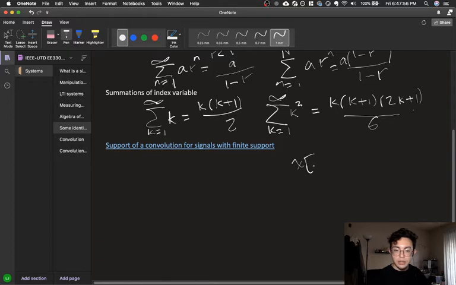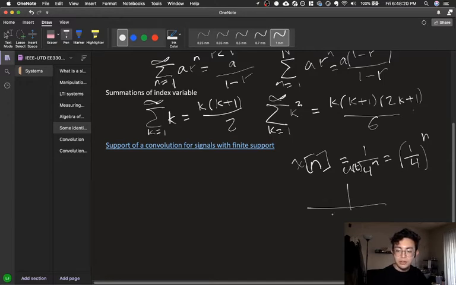So if we have x of n, let's say, equal to 1 over 4 to the n, which is just 1/4 to the nth power, and then I'm also going to multiply it by a step function u of t, just so that it's 0 starting... Oh wait, no, hold on.